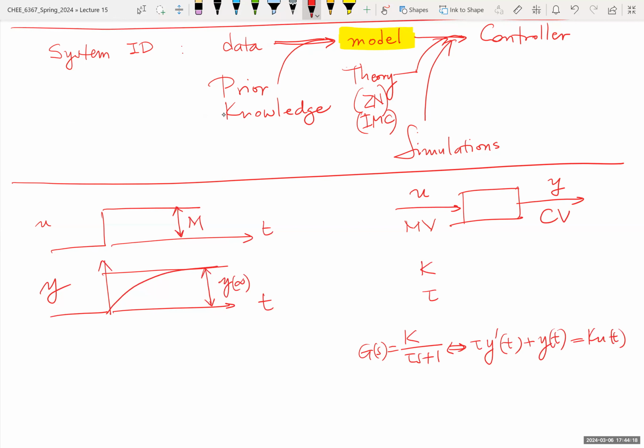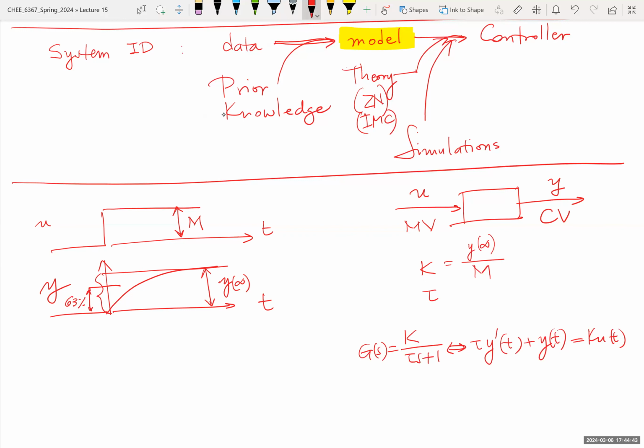So you can find K by simply taking y at infinity divided by the magnitude. And the time constant is such that if you have the overall response here to be something, you take 63% of the total response.